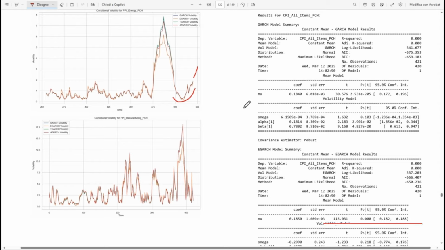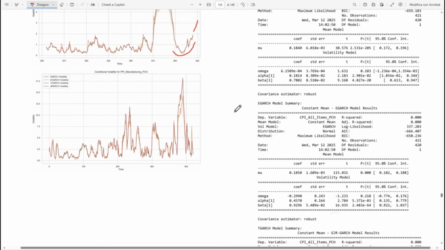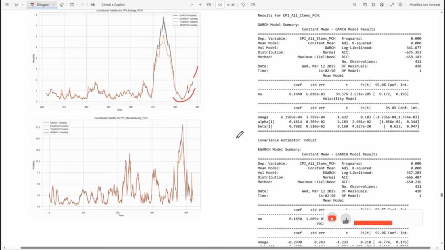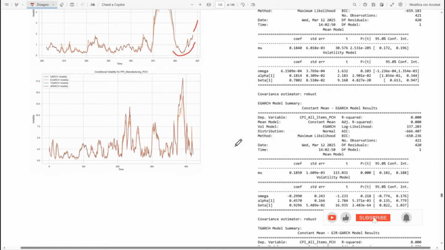Then with the charts, I have the GARCH parameters, but it would be very lengthy. But nevertheless, what is important to see here is that the p-values are statistically significant.